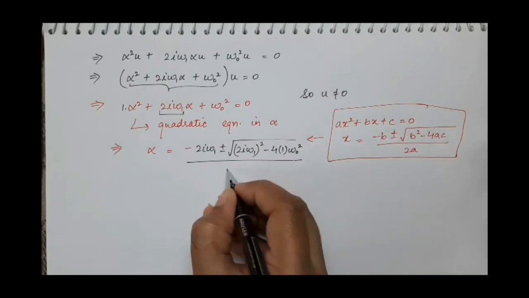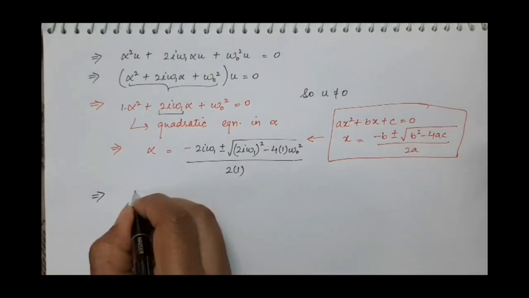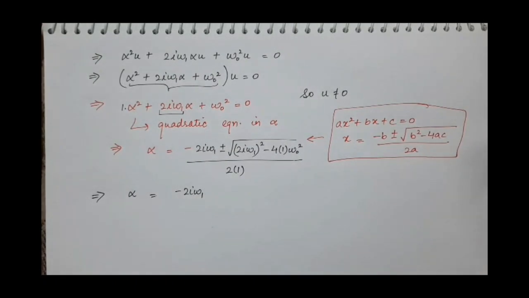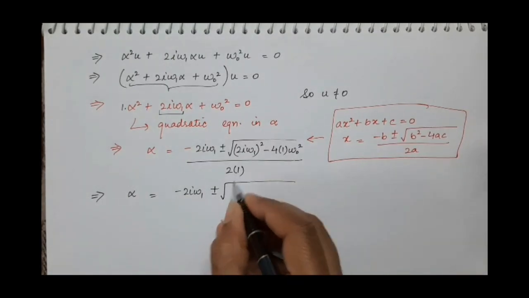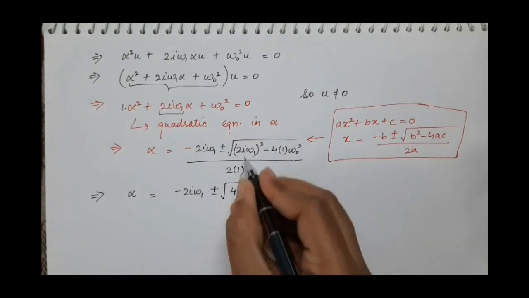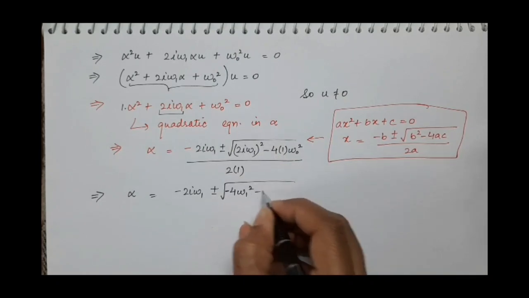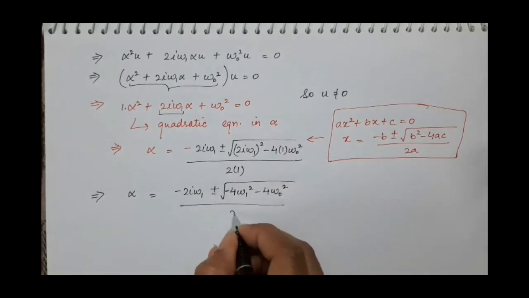Divided by 2 into a. So the value of alpha is equal to minus 2 iota omega 1 plus minus root 2 square means 4, iota square will be minus, omega 1 square minus 4 omega naught square, divided by 2.